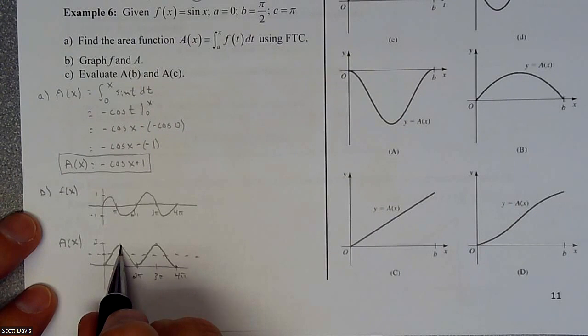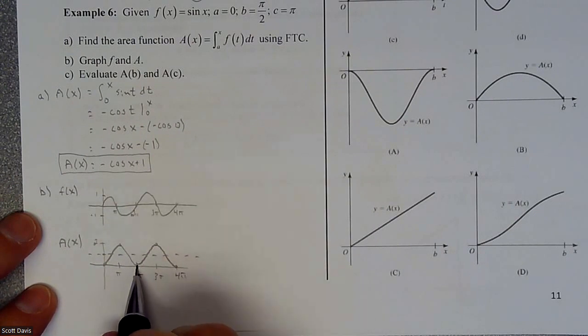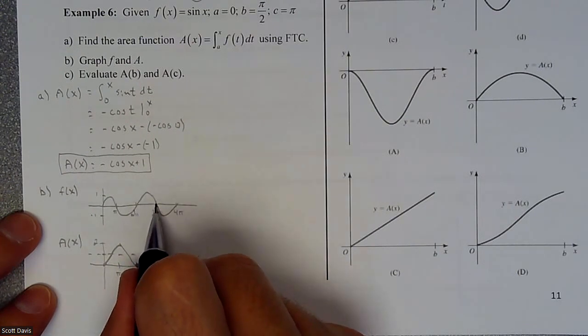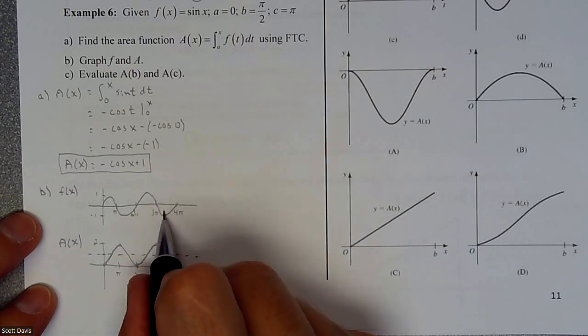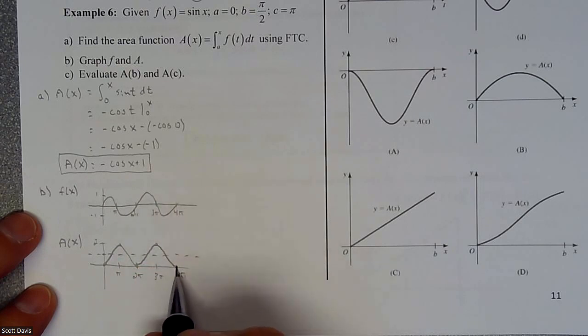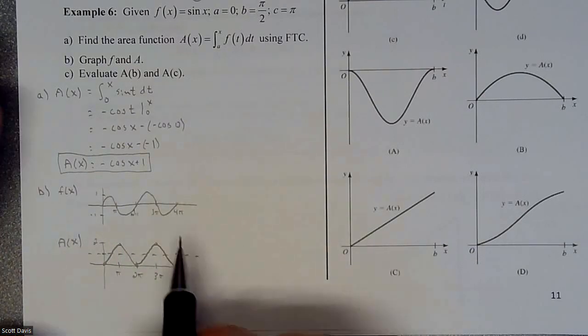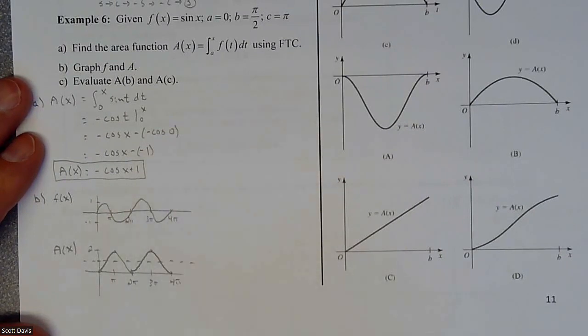So we hit a maximum area of 2, but then you start to lose area until you get to 2 pi, where you get an area of 0. Then you maximize your area again at 3 pi, and then you start to lose that exact same area until you get back down to 4 pi. Hopefully that makes sense of what's happening on your original curve, because you're finding the area under that curve.